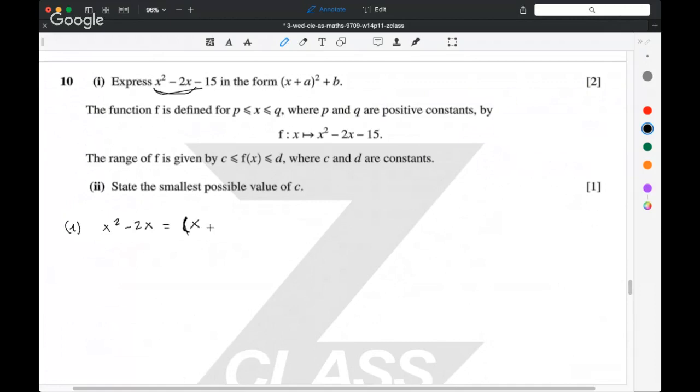So x minus 1 all squared. Well, let's check. This will give me x squared minus 2x plus 1. So I need to subtract 1 from that side.